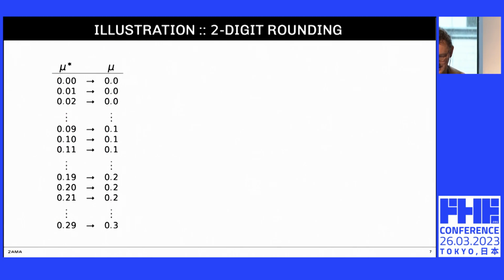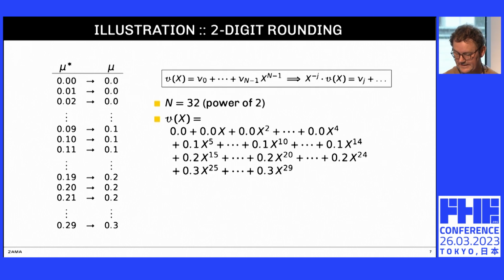Here is the way it works. Assume that you are given as input 2-digit values. In this case, we have 30 values, and we'd like to round those values to just 1 digit. We'll use polynomials to do that. We start with that polynomial as we just saw before.